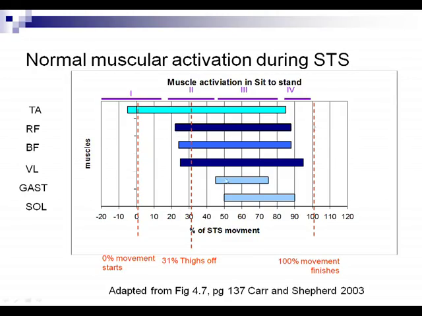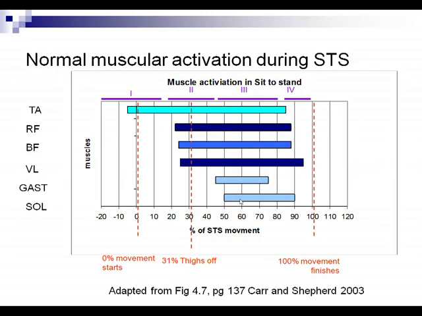Gastroc and soleus activate at around 50% of the sit to stand movement, with soleus being active for a longer duration. And in combination with tibialis anterior, they help to provide balance eventually in standing.